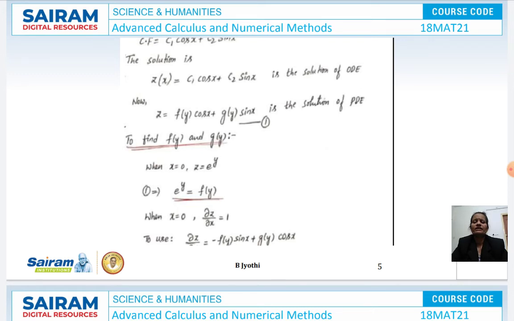Now we need to find f(y) and g(y). When x = 0 and z = e^y, equation 1 implies e^y = f(y), because sin 0 is 0.